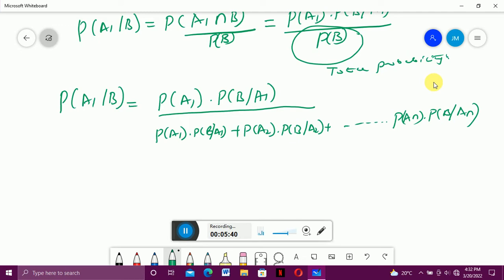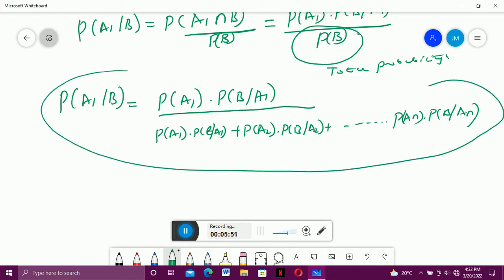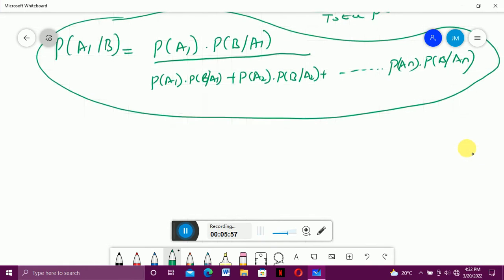What we have here is what we call Bayes' theorem.